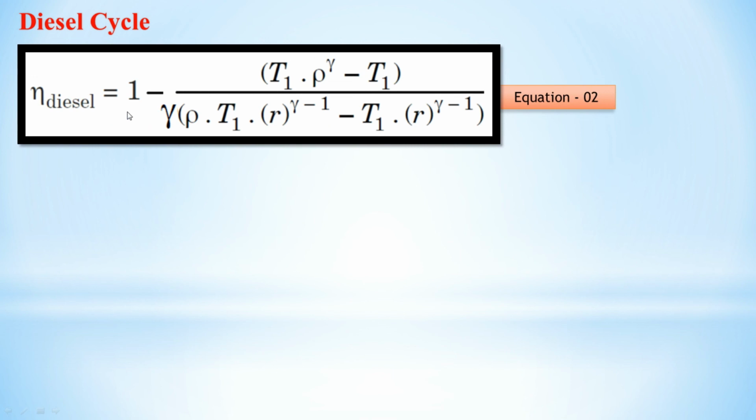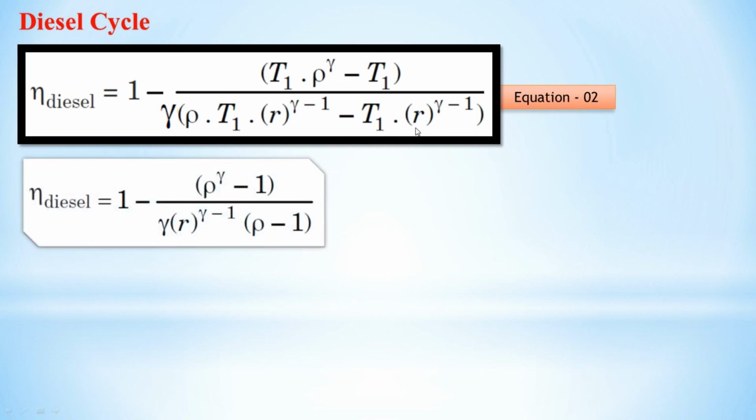Here the common term in the numerator is T1, and in the denominator the common term is T1 into R raised to gamma minus 1. So the simplified form of efficiency for diesel cycle equal to 1 minus, here T1 is common in numerator and denominator, so it is cancelled out. The remaining term is rho raised to gamma minus 1. In the denominator, the common term is R raised to gamma minus 1, so keep it outside. The remaining term is rho minus 1.